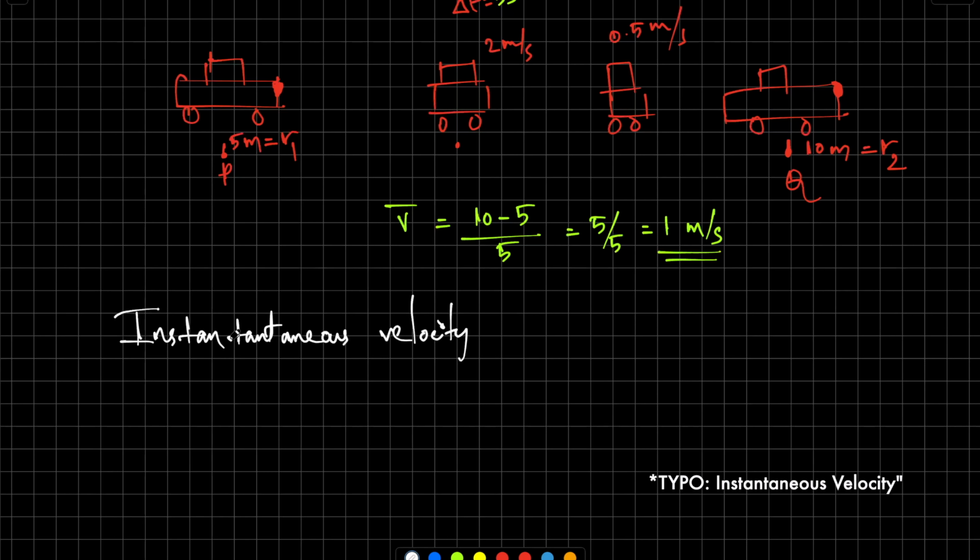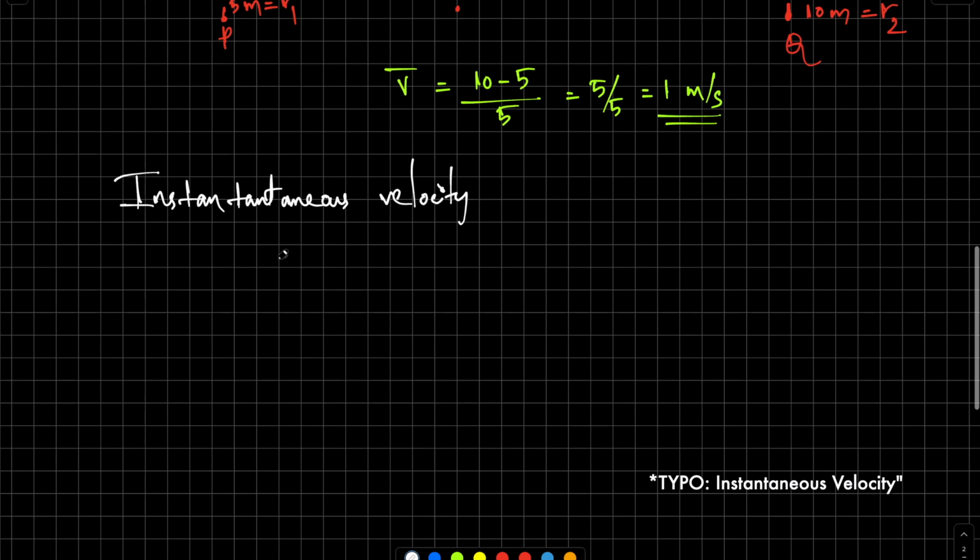Or if I ask, like, what is the velocity at time t equals 2.5 seconds, that's instantaneous velocity, right? The velocity at that second. Or what's the velocity at 4 seconds? That's again instantaneous velocity. That's not average. Okay, so how do you find instantaneous velocity?